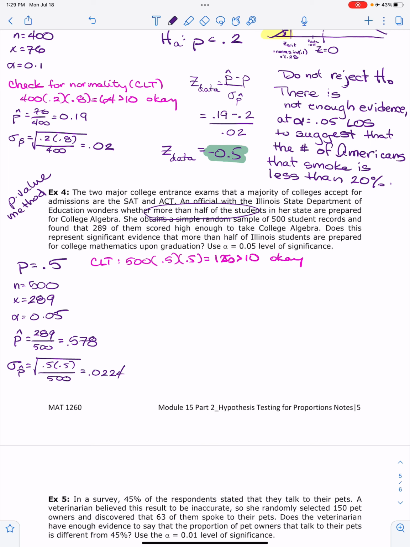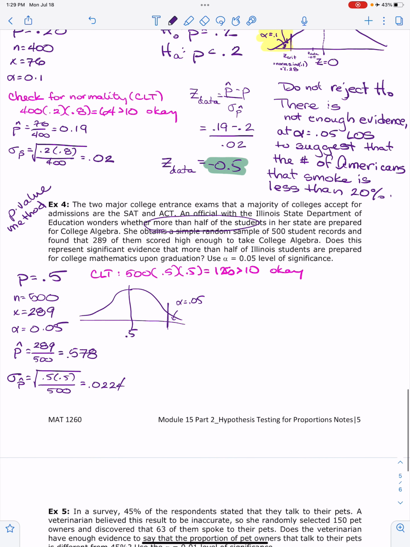And let's see what my normal distribution looks like here. So my population proportion is 0.5. More than. So we're up here. Alpha is 0.05. The last one was a less than. Okay, we got it, we're good.